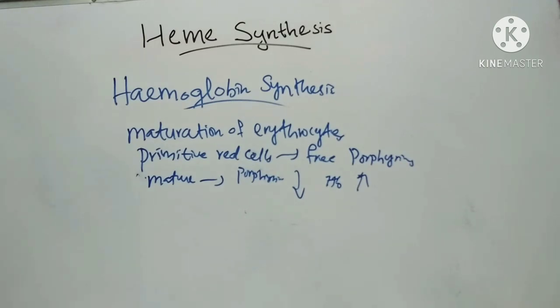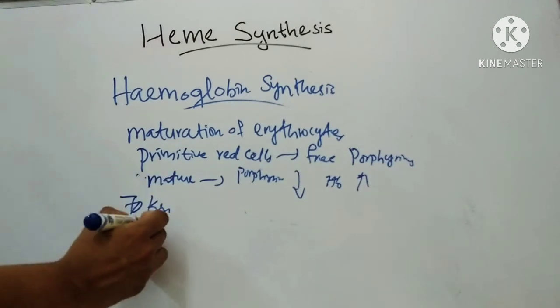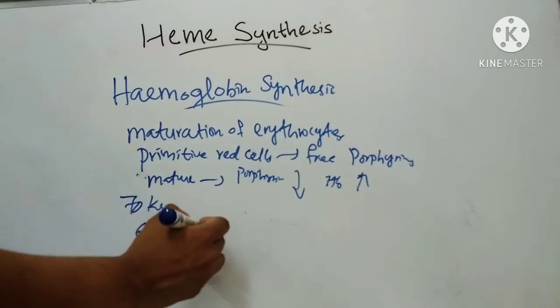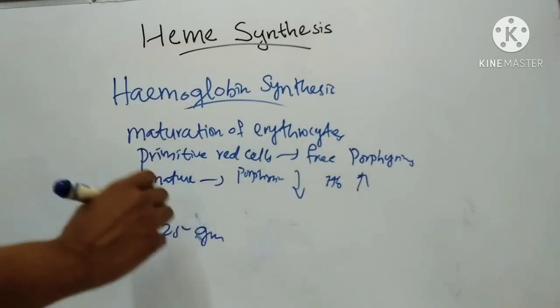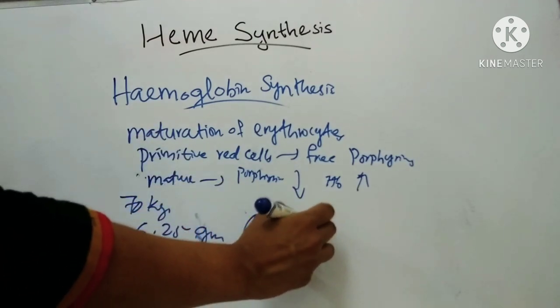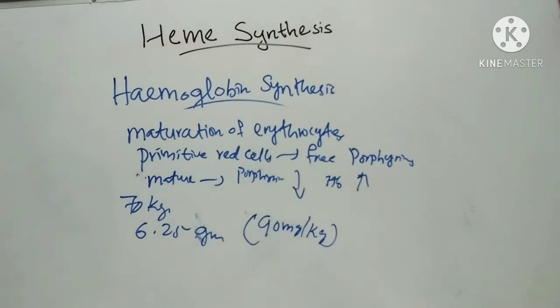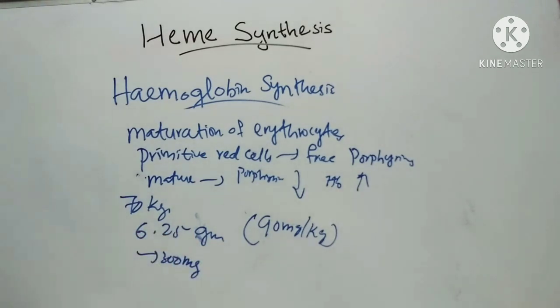In an adult human of 70 kg body weight, approximately 6.25 gram of hemoglobin, that is about 90 mg per kg, is synthesized and degraded per day, corresponding to approximately 300 mg of porphyrin.